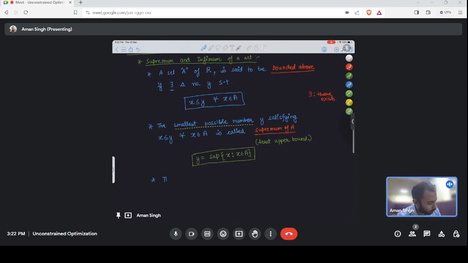The greatest possible number y satisfying x greater than or equal to y when x belongs to A. If this is the y satisfying this, then y is called the infimum of A. This is called the greatest lower bound.